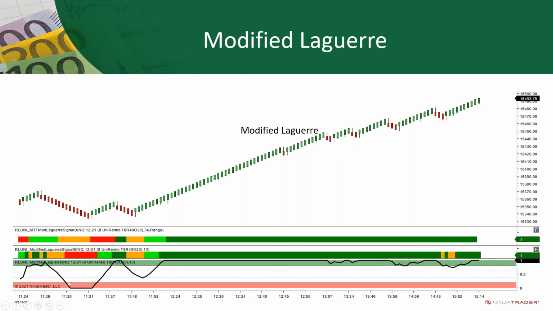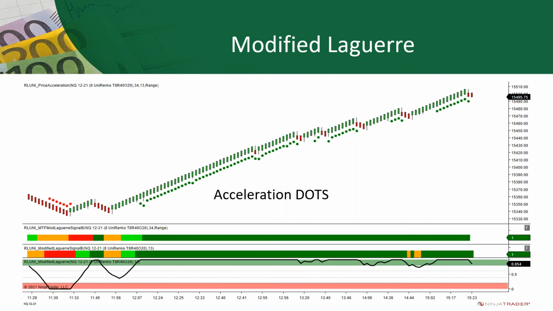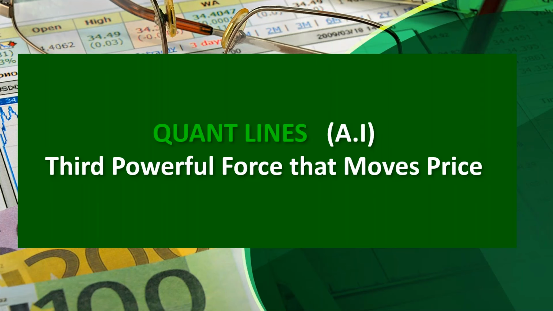When it crosses below 20, it will turn red. When it crosses back above 20 and is sloping up, it will be lime green. When it crosses over 80, it will turn dark green. And when it crosses below and is sloping down, it will be orange. Ultimately, we want to see it pinned at 100 and pinned at 0, so we get our acceleration dots. All right, let's keep moving on.